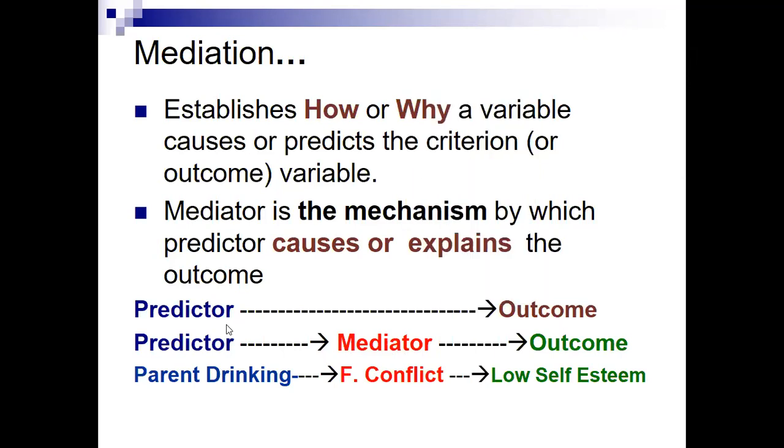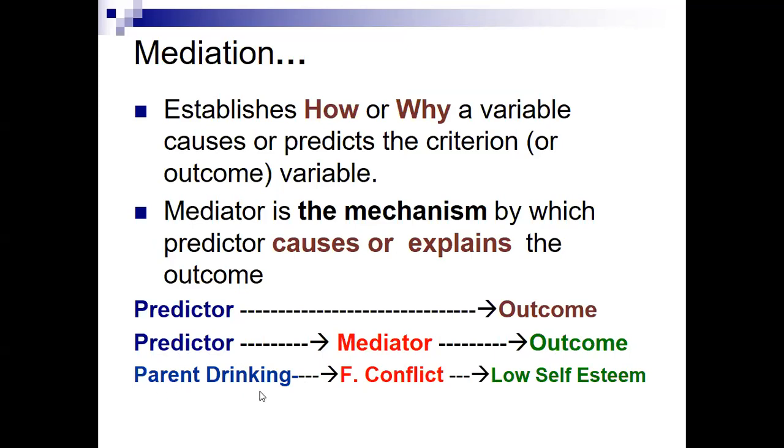We would normally envision predictor versus outcome, then predictor, mediator, then outcome. So, for example, parent drinking. Then you have a mediator called family conflict. Then you have low self-esteem, okay? That's an outcome. That's just an example.